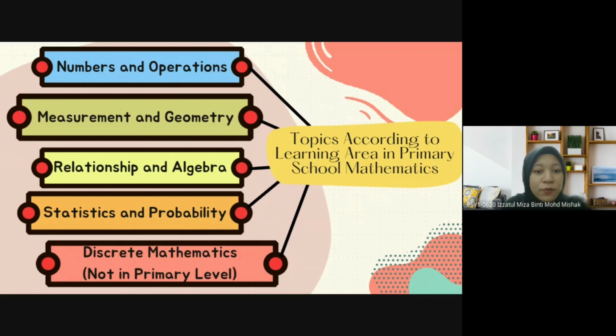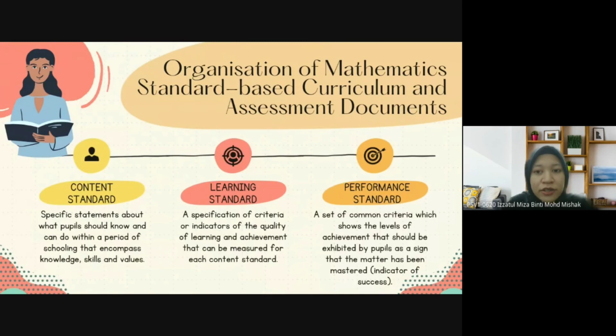For the third one, relationships and algebra, there are 2, which are coordinates and ratio and proportion. For the last one, statistics and probability, there are 2 also, which are data management and probability. That's for the topics from content.